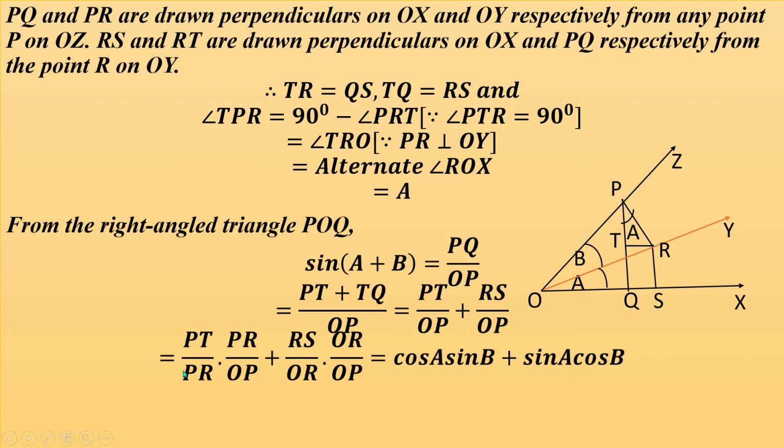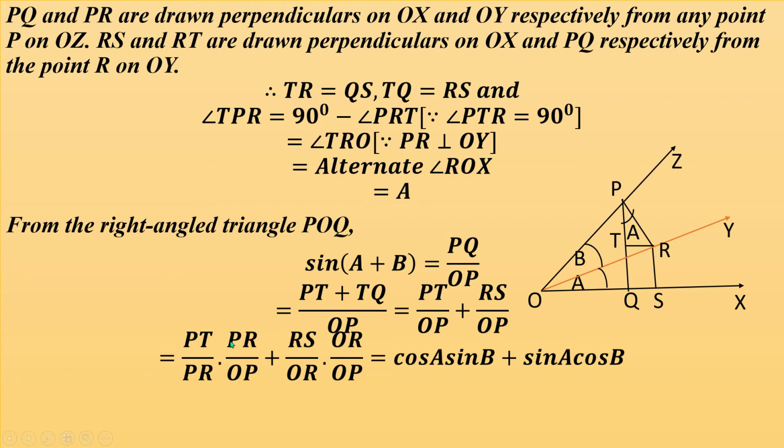As we have taken PR extra here, for vanishing this we have to take another PR. As a result, PR cuts, and we will get PT by OP. Now follow this, that means PT by PR. As this is a given angle, PT is the adjacent side, meaning base. So base by hypotenuse is equal to cos, and this angle is A, so here will be A.